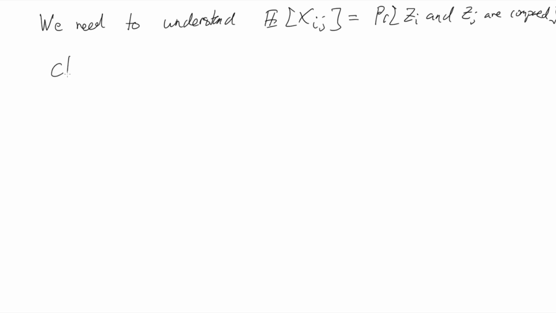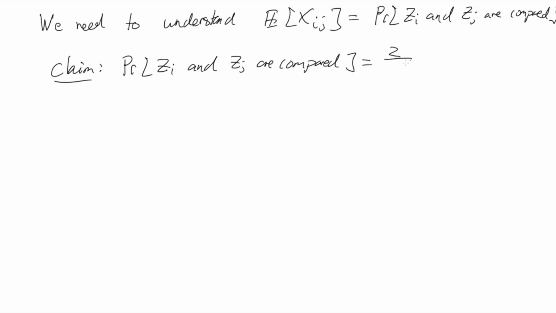We have the following claim, which is the key to the analysis. The probability that Zi and Zj are compared is actually equal to 2 over j minus i plus 1.